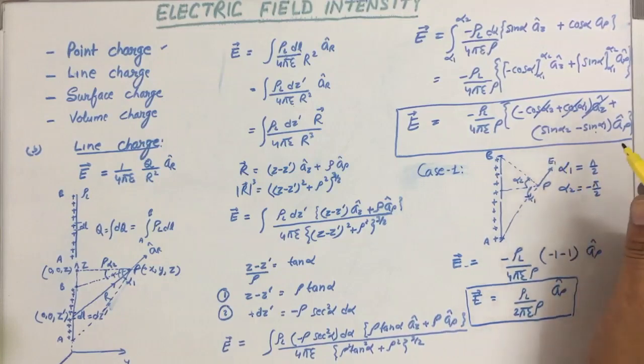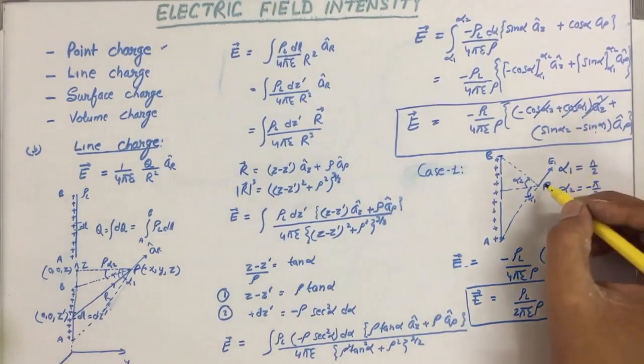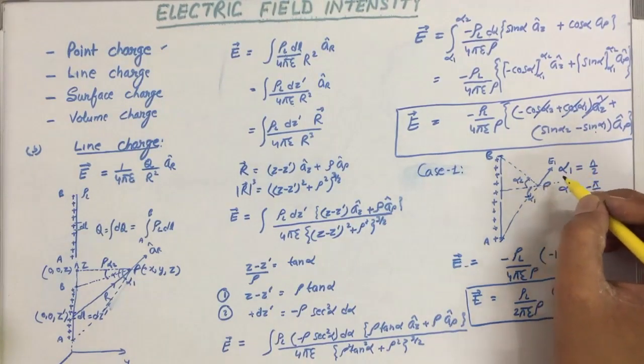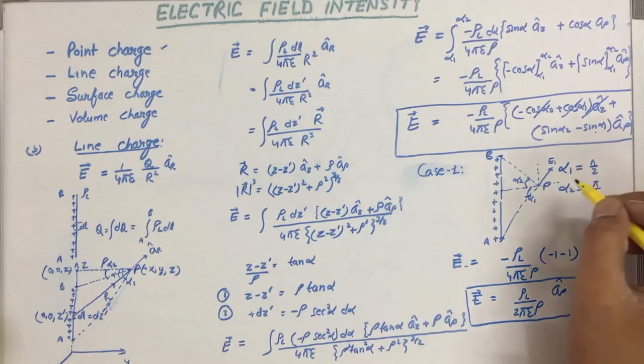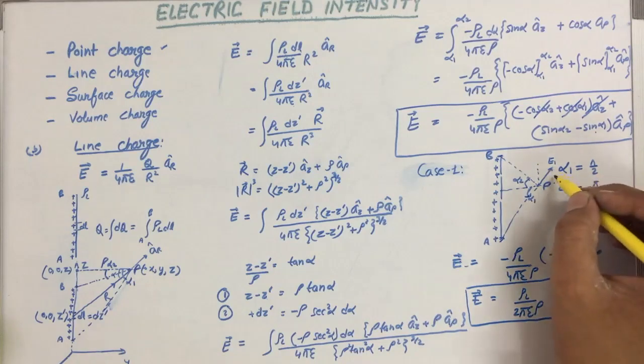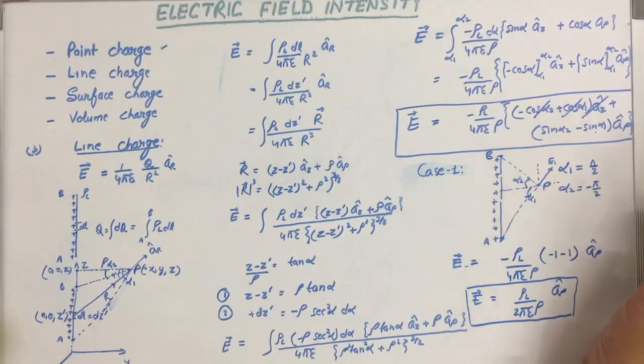Consider E1. It will have two components, one horizontal and another vertical. So its projection on this axis will give you the E1 component in this direction, and the E1 component in this direction.